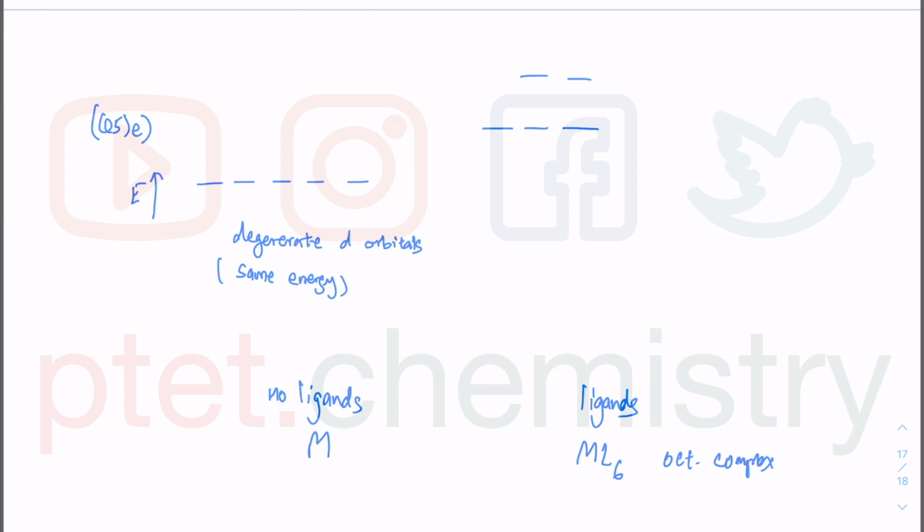And then you will have two sets here. So the lower energy set comprises of the dxy, dyz as well as dxz combination, whereas the one of the higher energy levels is going to be the dx²-y² and dz² combination, because the electrons in these orbitals, they repel more with the ligands that come in along the axis, and therefore they repel more with the electrons here, destabilizing it a bit more.